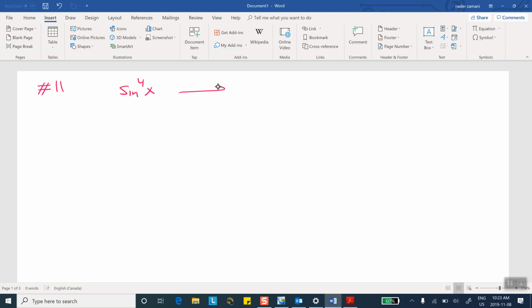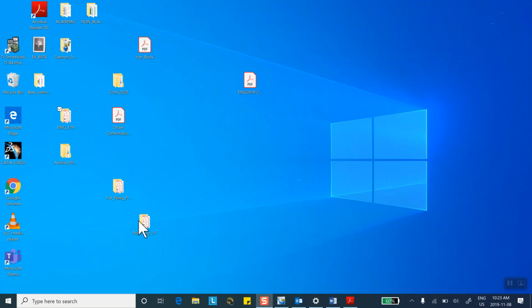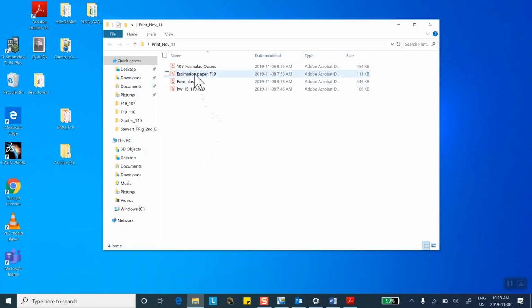It says reduce the power to 1. Now, let me bring up the sheet that I'm going to provide to you on the quiz. Let me see now here. Let me bring this up.